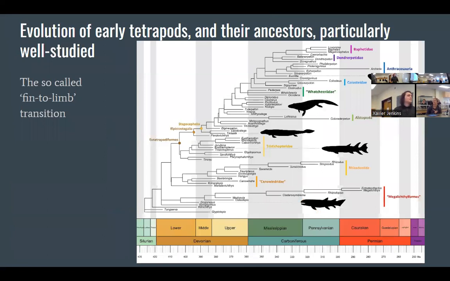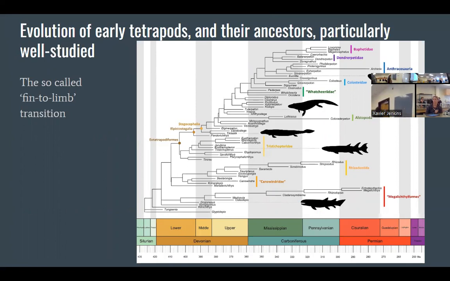And the evolution of tetrapods, specifically tetrapodomorphs, is particularly well studied, especially the so-called fin to limb transition. This is essentially the evolution of a fish-like body plan from a lobe-finned fish ancestor to something that has 4 limbs and can walk on land.